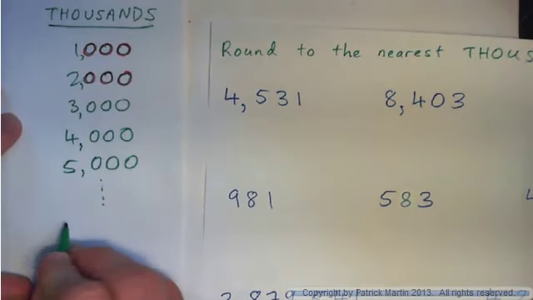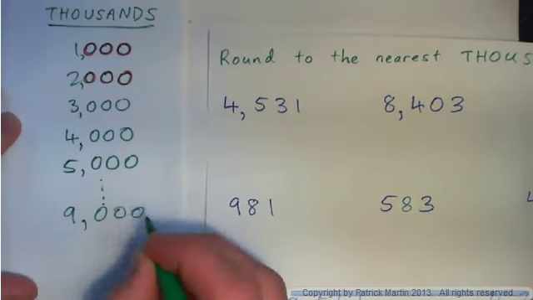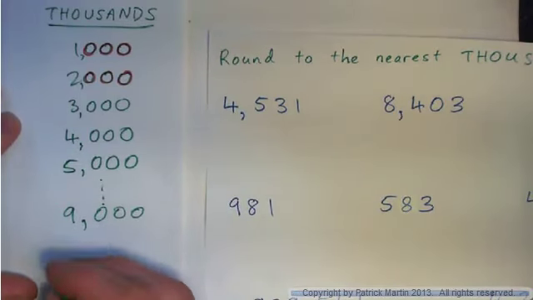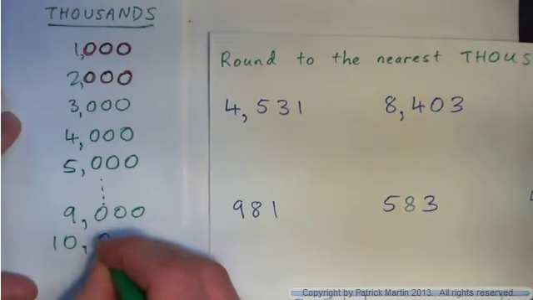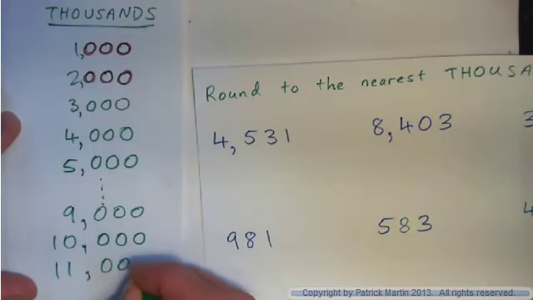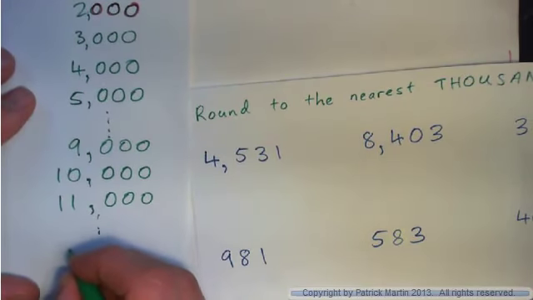Now, there's also such a thing as 9,000, but what comes after 9,000? 10,000, right? And then you have 11,000, and so on. Now, there's also such a thing as 100,000.